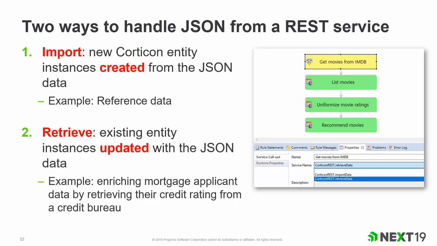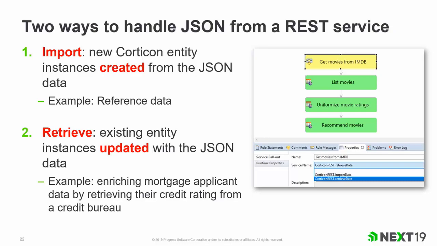And secondly, you can retrieve data to augment existing entities that you pass into a request payload. So for example, I want to apply for a mortgage. I'm an applicant, right? So my name is Harold. I probably live somewhere in a database or whatever.